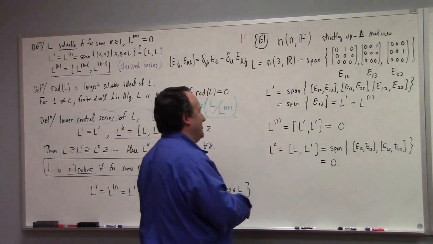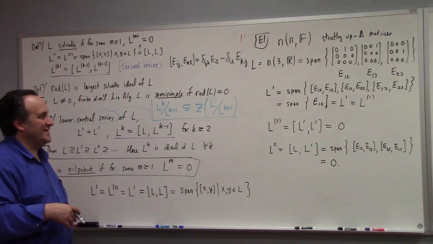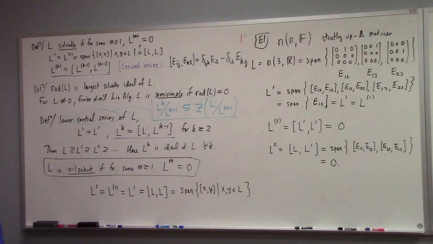So this is not a great example in terms of seeing the difference between solvable and nilpotent, because here this is also nilpotent at the same order as well.